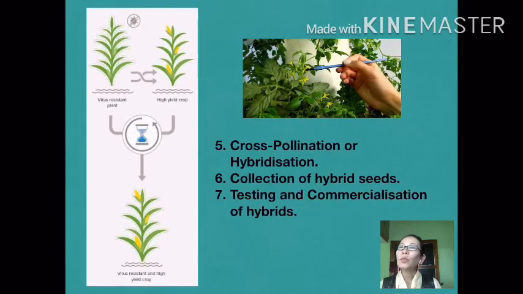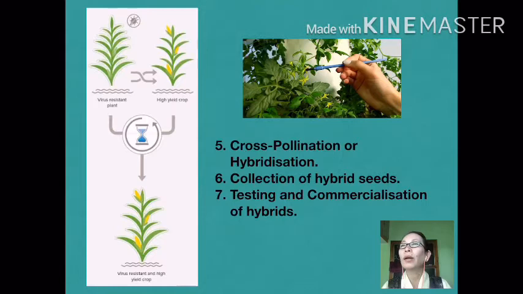Well, let's move on to the next step in hybridization. In the next step, the desired pollen is dusted manually on the stigma of the female parent, which marks the actual hybridization event. Subsequently, the hybrid seeds are produced from the parent plant.